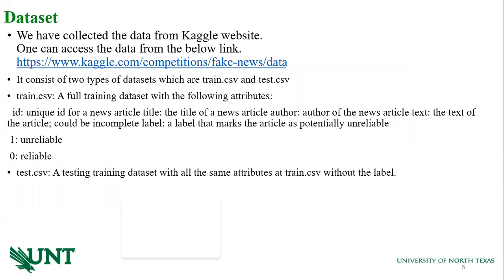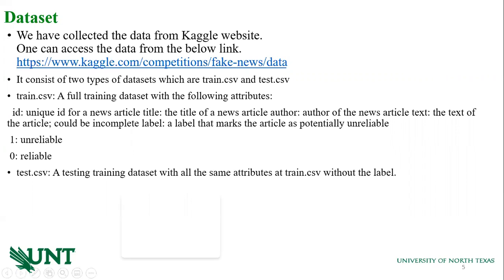So the source for our data set is Kaggle, and there are two sets of data. One is to train and validate the models, and another one is to apply the model to detect fake news or real news.